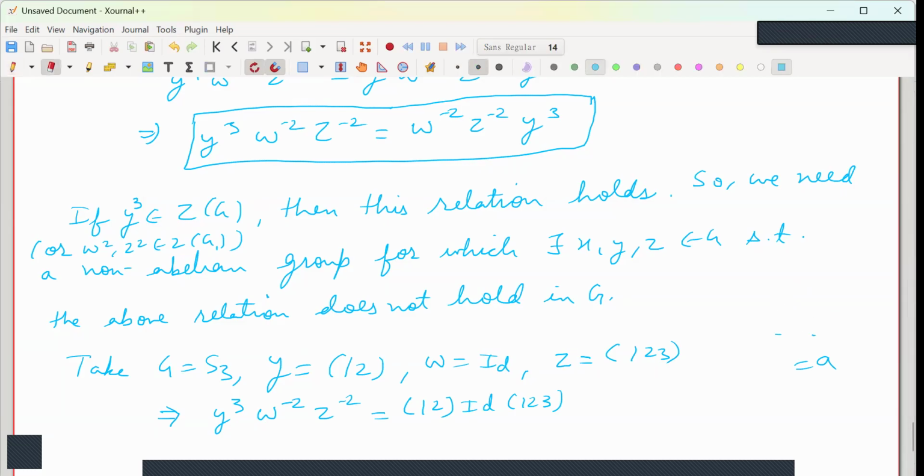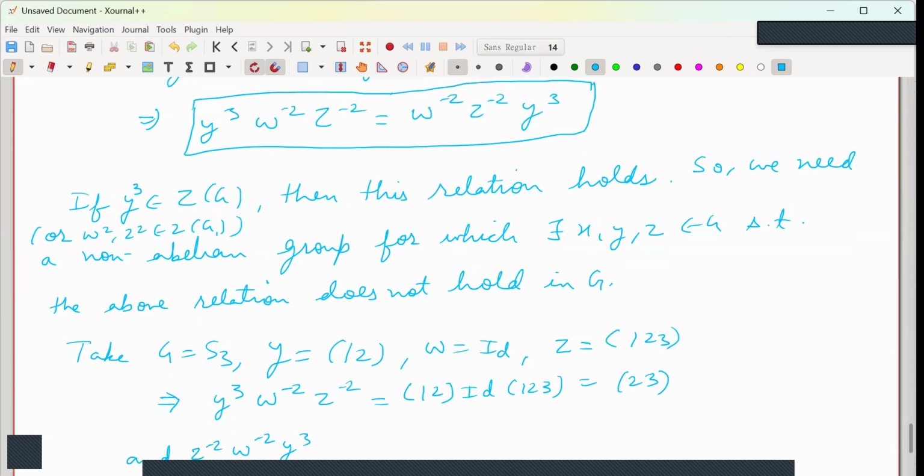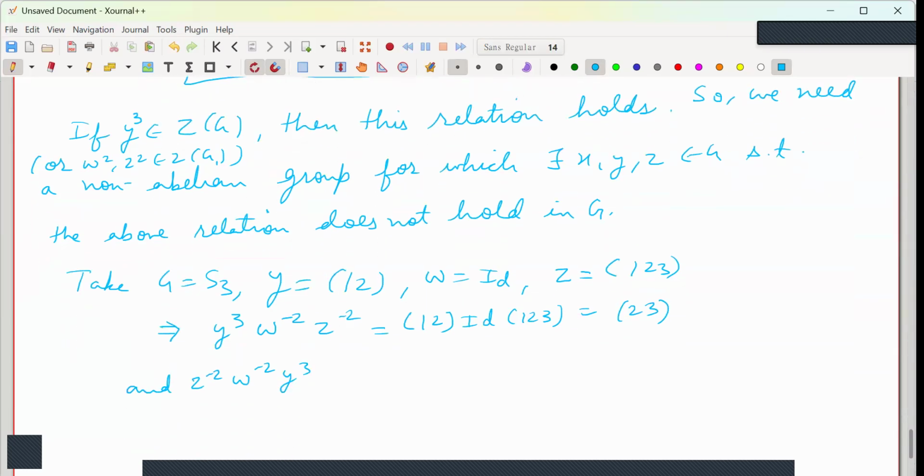Now, what is this element? 1 goes to 2 and then 2 goes to 1. So 1 is fixed. 2 goes to 3, 3 goes to 1 and then 1 goes to 2. So this is the cycle (2 3). And z minus 2, w minus 2, y cube. So we may fail also, but at least we are going in the right direction.